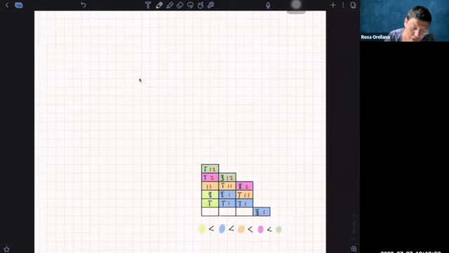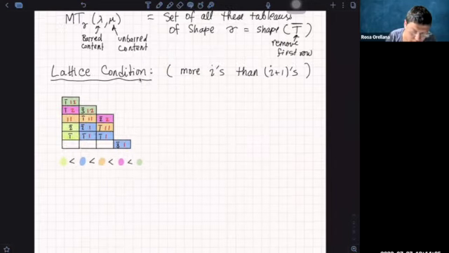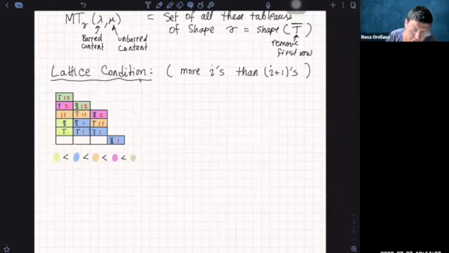So let me show you how you would do it here with a picture. To read the lattice condition, you ignore the bars, and you look at all the possible multisets that you can get of only the unbar. You could get the empty multiset, which is smaller in order than the multiset that contains 1.